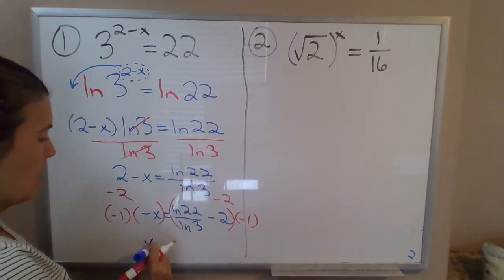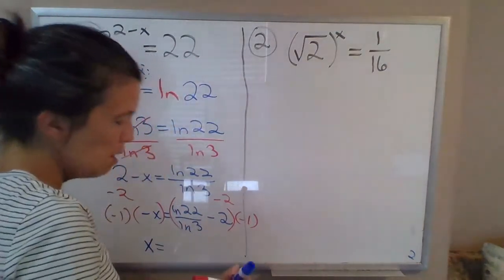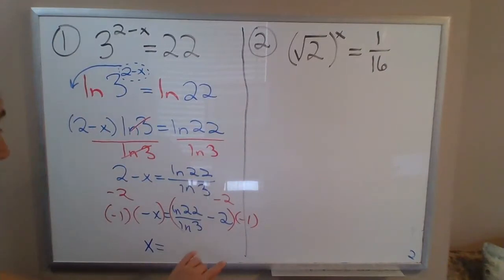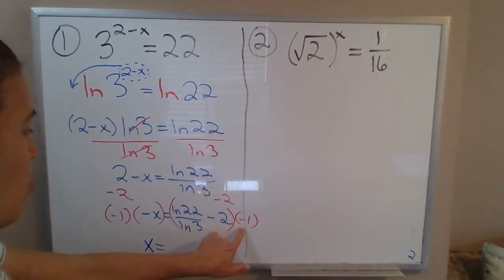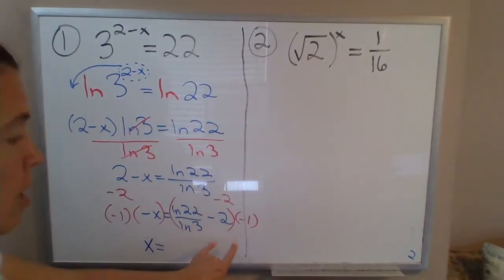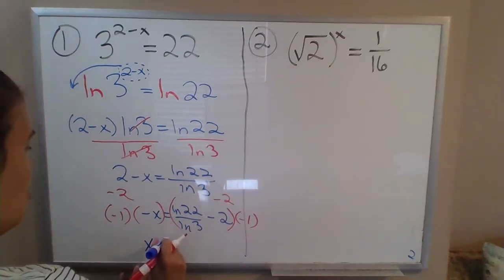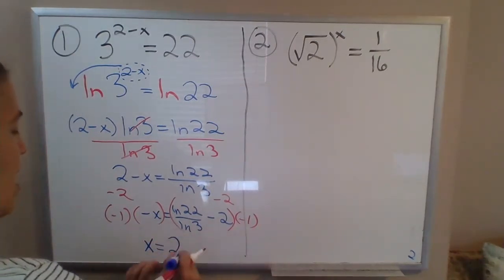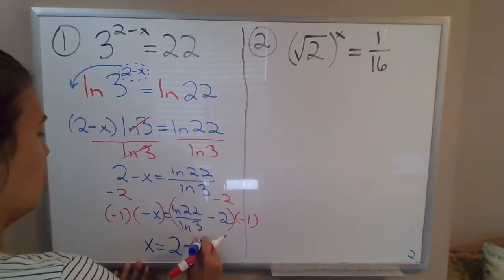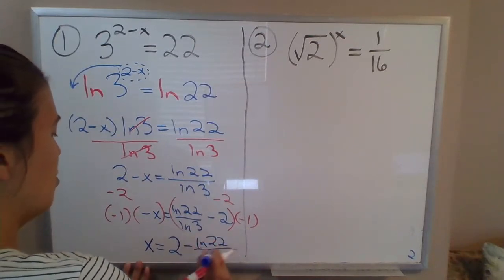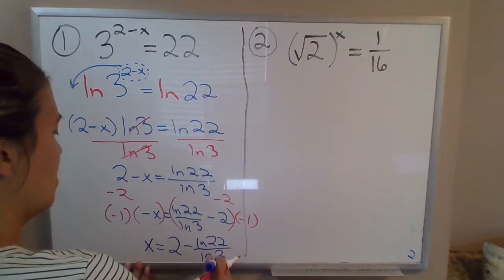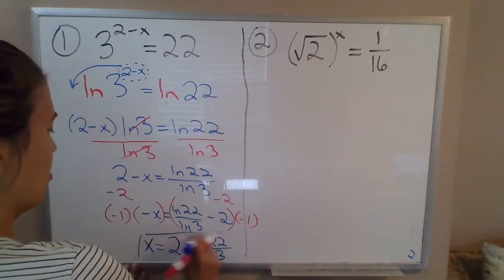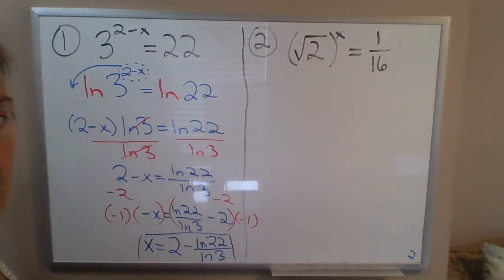Now, when I do that in writing my final answer, I personally prefer to write my positive term first. So when you distribute this negative 1, you're going to have positive 2, so I'll write that in the front, and then negative natural log of 22 over natural log of 3. And there's your final answer, expressed in terms of the natural logarithm.